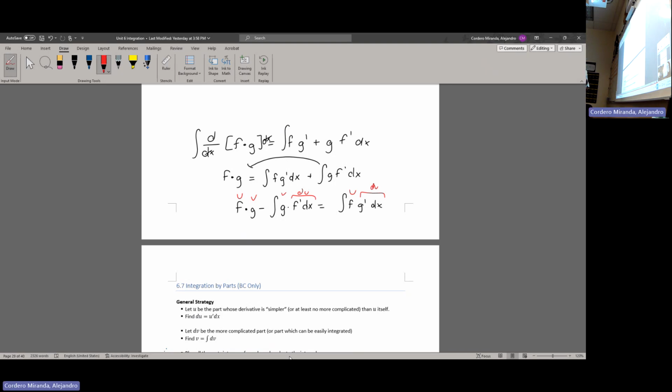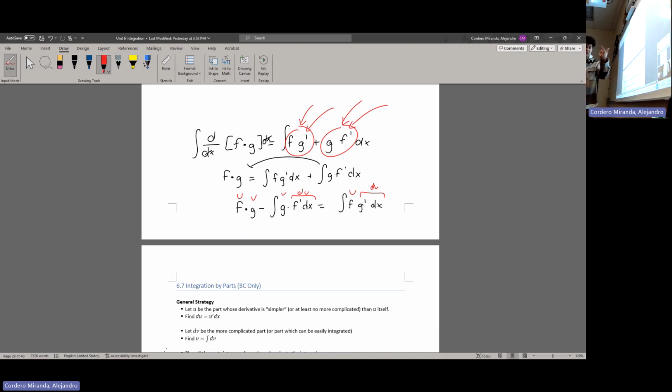And you can kind of see why you're choosing a u and a dv rather than a u and a v: in both terms of the product rule, what I'm circling right here, you have one function left alone and one derivative function. One function left alone, g, one derivative function, f prime.